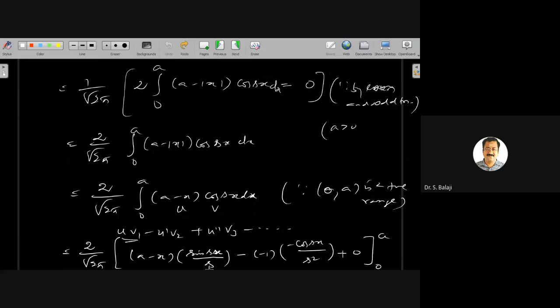Then minus: differentiation of the first factor is minus 1, and integration of the second factor sin sx is minus cos sx by s square. Then plus: differentiation of first factor gives 0. Whenever 0 comes, you can stop Bernoulli's formula. And the limit is 0 to a.